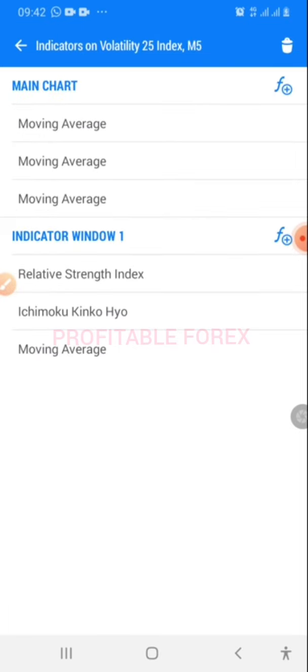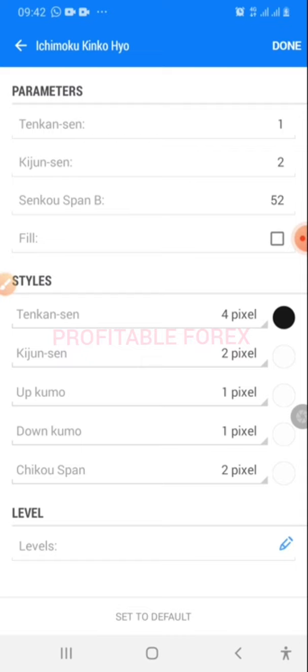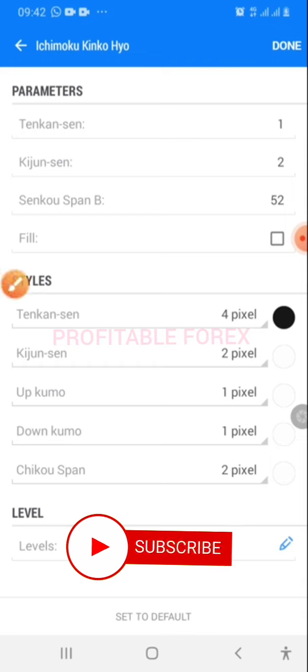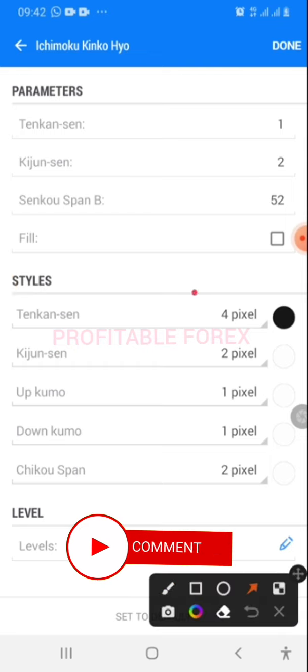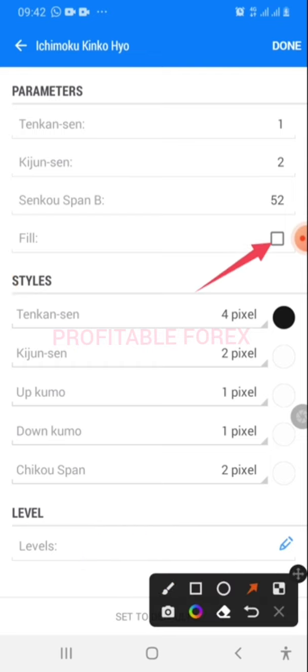The next indicator is the Ichimoku. Let's check out the settings. We have Tenkan-sen 1, Kijun-sen 2, Senkou Span B 52. Leave the fill field, do not tick that box. Then we have the styles.